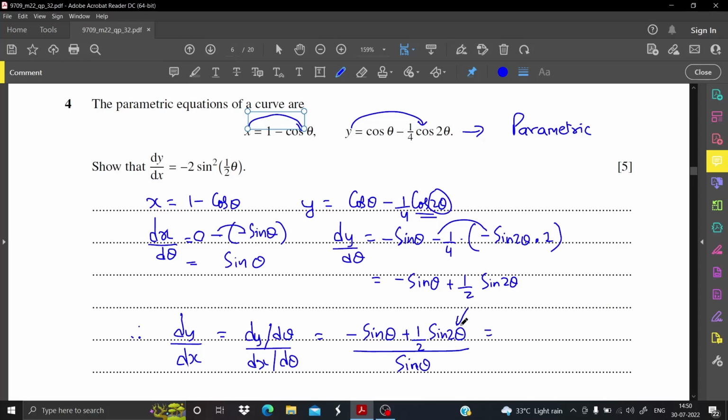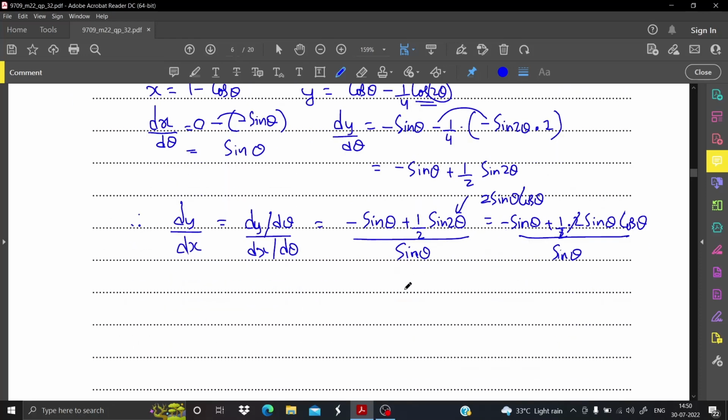You can use the double angle formula for sine 2 theta. That is nothing but 2 sine theta cos theta. So when you do that, the half gets cancelled with the 2. So you get minus sine theta plus sine theta cos theta divided by sine theta.